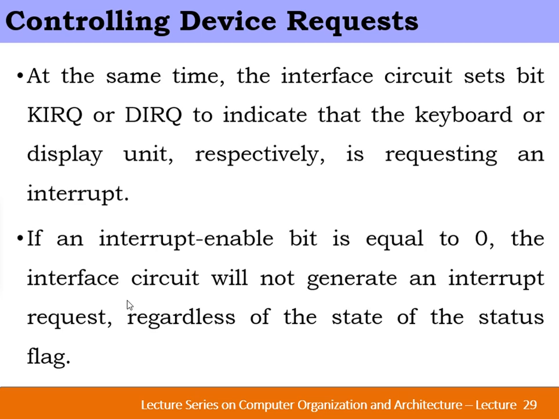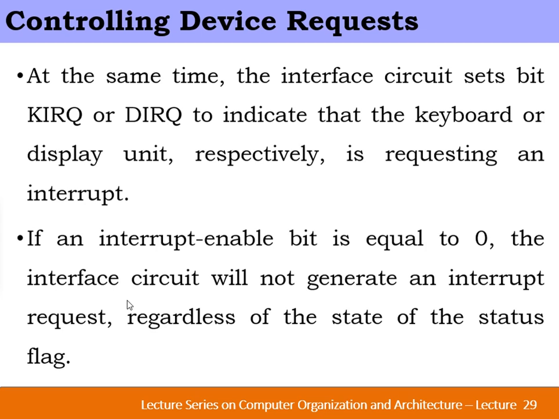Even though the IO device becomes ready by setting a SIN flag or a SOUT flag, it may or may not be involved in the generation of an interrupt request. So who is going to control it? That is nothing but the interrupt enable bit.